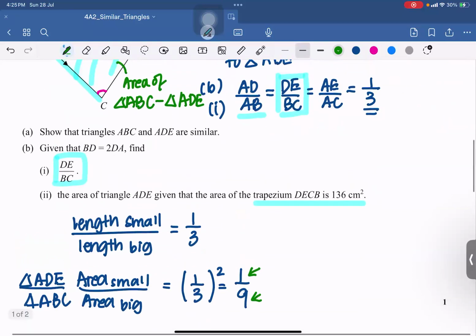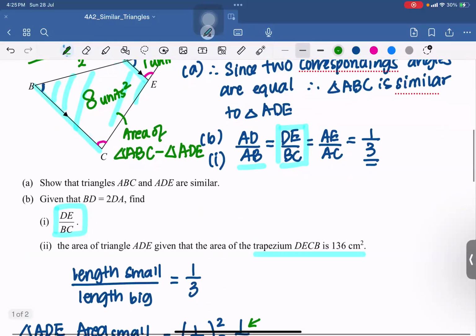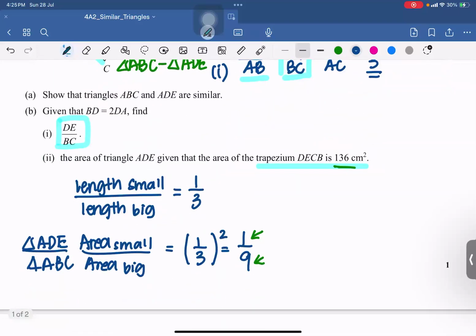So I can see that the area of the trapezium is 8 units over here and is given to be 136. I want to find the area of triangle ADE, the small triangle. The small triangle only has 1 unit.